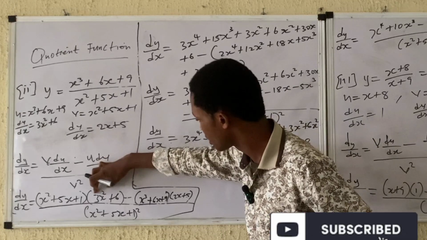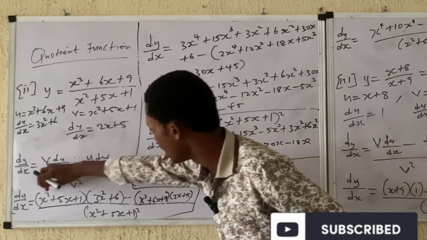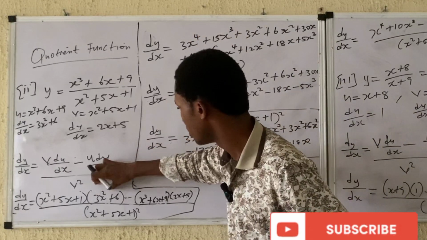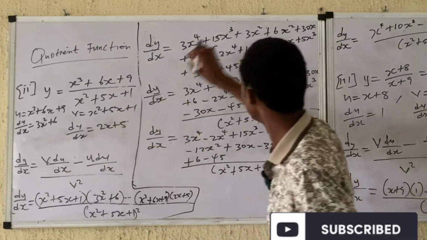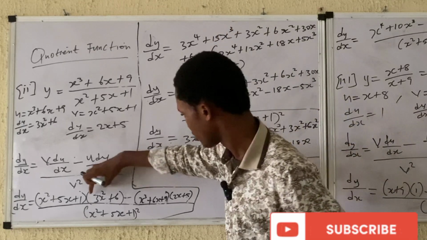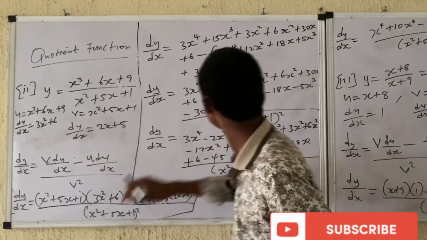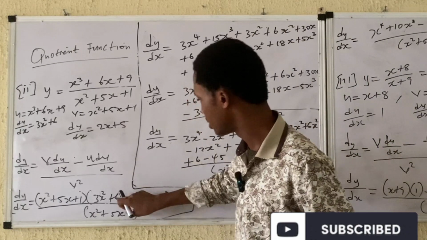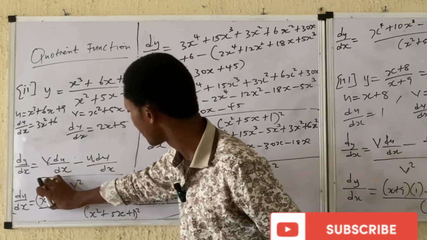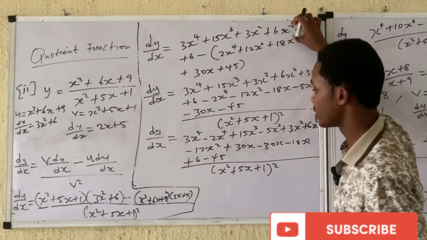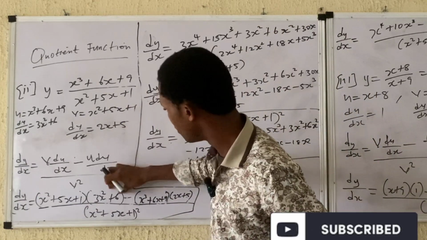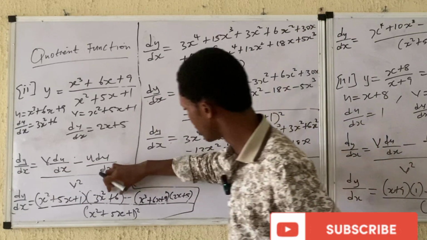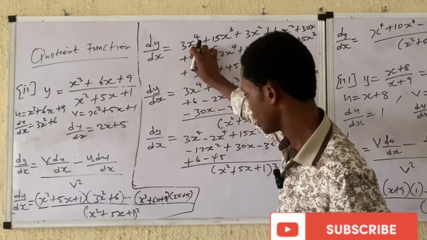Now 3x squared multiplied by x squared gives 3x to the power 4, while 3x squared multiplied by 5x will give you 15x to the power 3. 3x squared multiplied by 1 will give you 3x squared. Now using the 6 part of it, 6 times x squared will give you 6x squared, 6 times 5x will give you 30x, and 6 times 1 will give you 6.